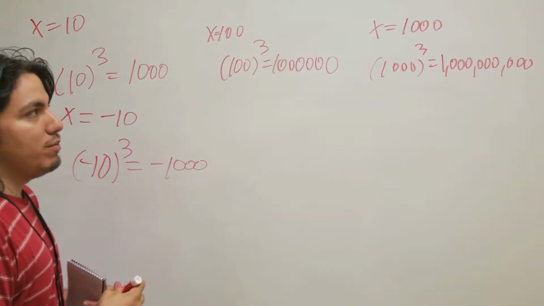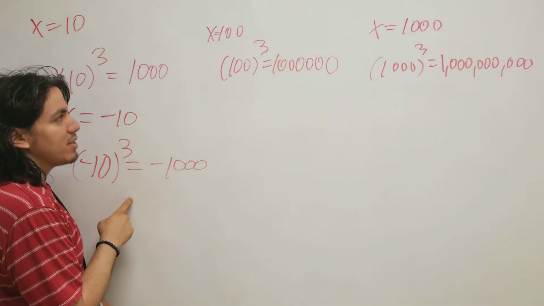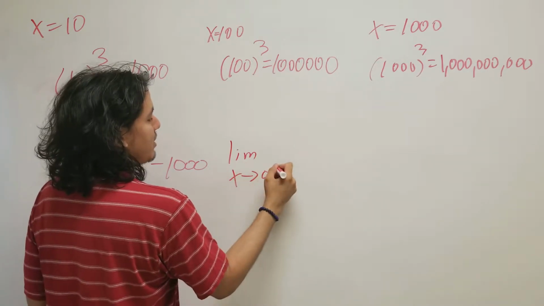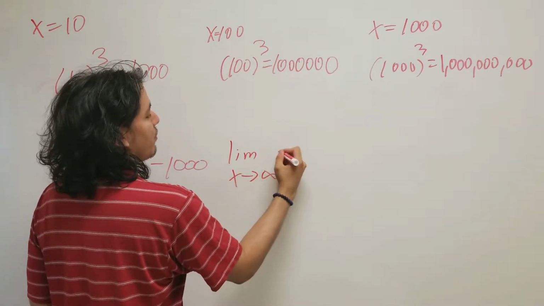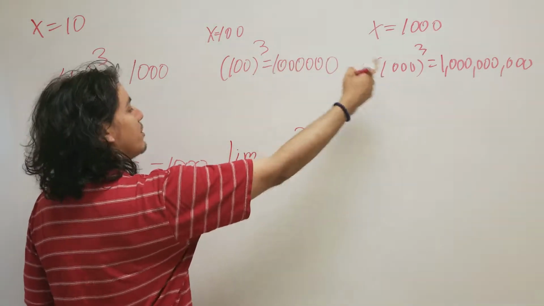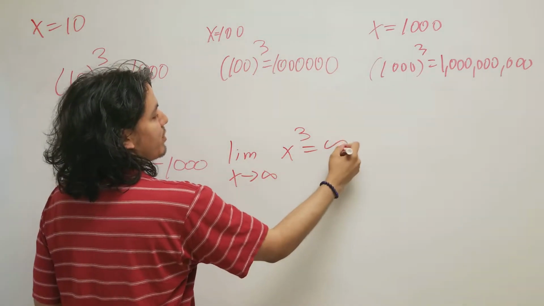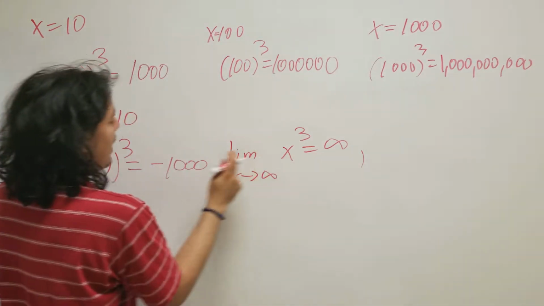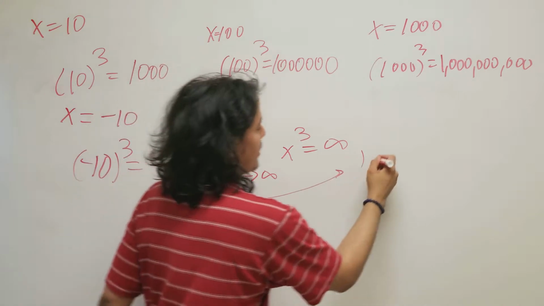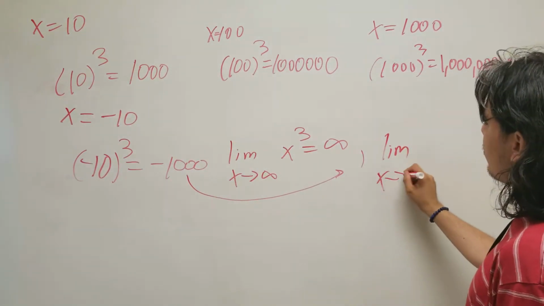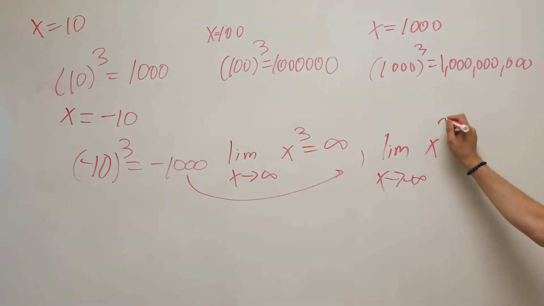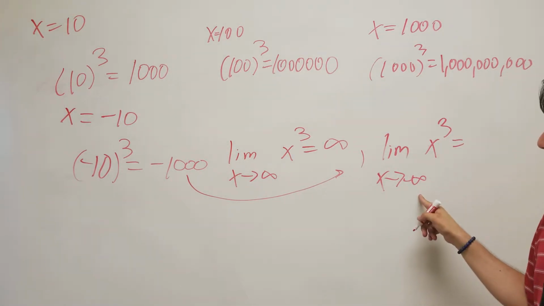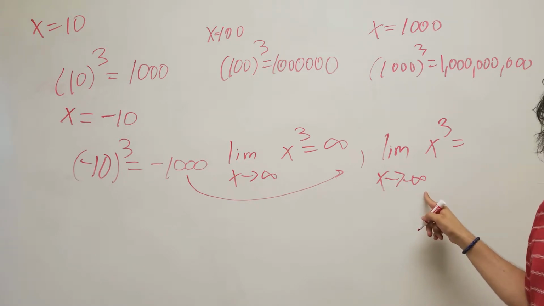So that means for our limit, as x approaches infinity for x to the third, I'm talking about this case up here, this goes to infinity. And for this case, the limit as x approaches negative infinity of x to the third, this gets arbitrarily small, infinitely.